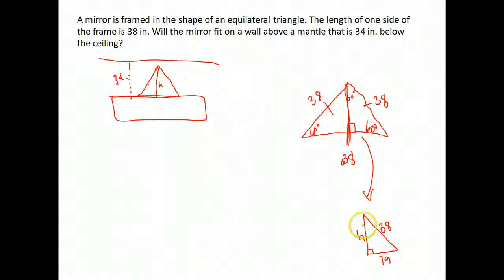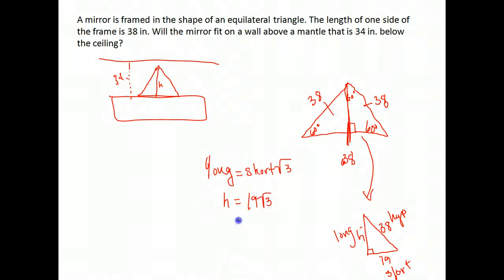Okay, we want to find our height. Well, here's our hypotenuse, here's our short leg, and we need to find our long leg. So look in your notes. In your notes you should have the formula that says the long leg is equal to the short leg times the square root of 3. So our height, the long leg, is equal to the short leg of 19 times the square root of 3, and we just take out a calculator and multiply, and I get 32.9 approximately.